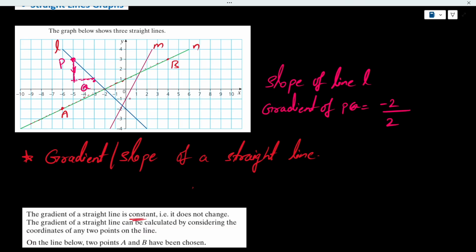What you need to remember, if you are taking rise over run, horizontal right movement or vertical up movement is always positive, and if you are moving anything down, then it is going to be negative, and left also is a negative movement, right? So the gradient here is -1, because the slope of this line is -1.